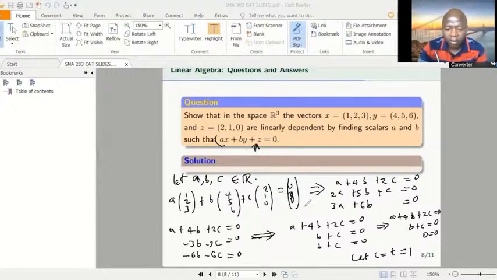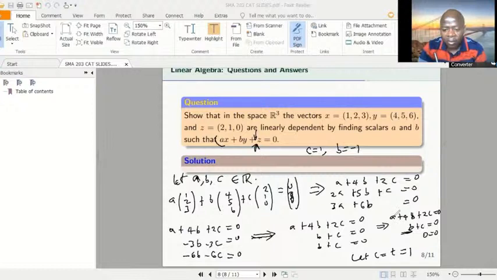So c is 1 from here, because it was c that we were multiplying by z. The question tells us that c is 1. So if c is 1, come to this equation and find b. B would be -1.